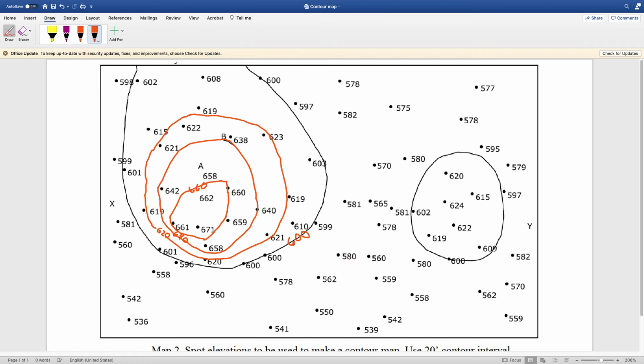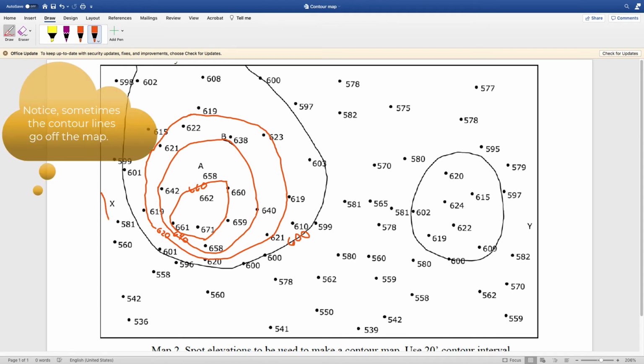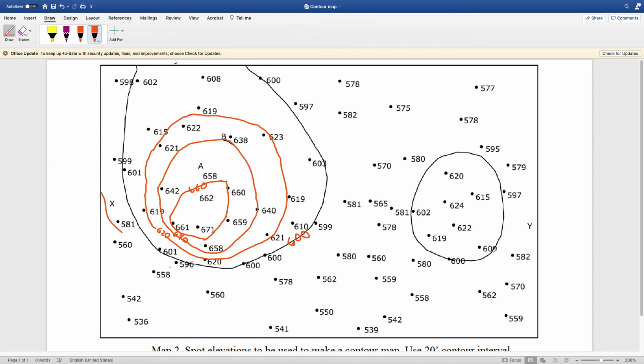Let's look at the 580 line, because they don't always make circles like this. Let's do 580. There's 581 right there. So my 580 line has to go on this side of the dot. There's a 596 and almost a 560, so it's probably going to go over here somewhere.